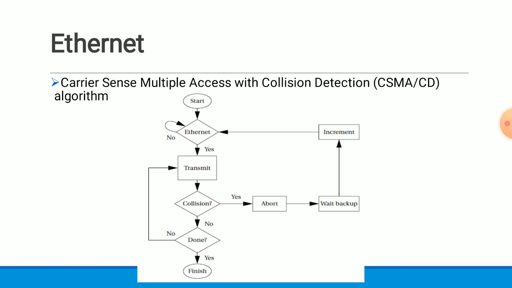But suppose two nodes want to send data, and they both sense the channel to be free, and they transmit the data at the same time. Consider such a scenario, then a collision occurs. If they retransmit the message again at the same time, again a collision occurs.